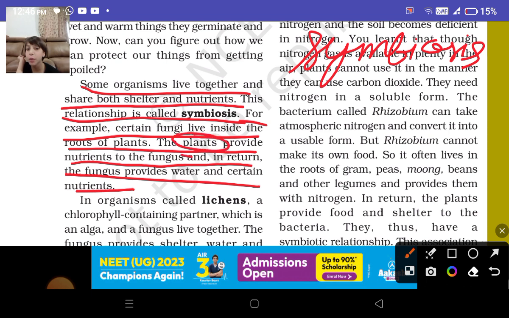The plant provides nutrients to the fungus, and in return the fungus provides water and certain nutrients. One will give food to the other, and the other will give shelter to the other.